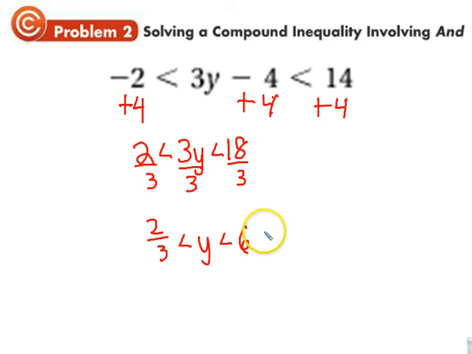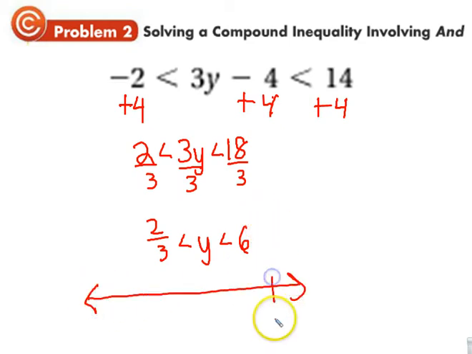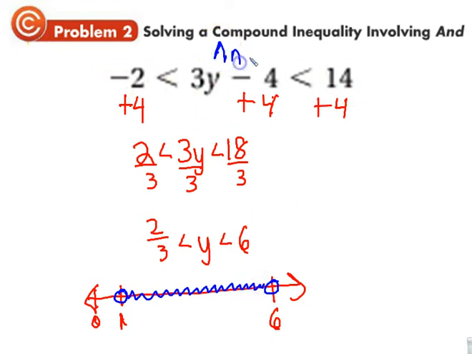And then I guess if they want us to graph it, then we would graph it this way. Put a 6 here, 0, 1. We put open circles, everything in between. Remember, when we write it like this, it's always an and.